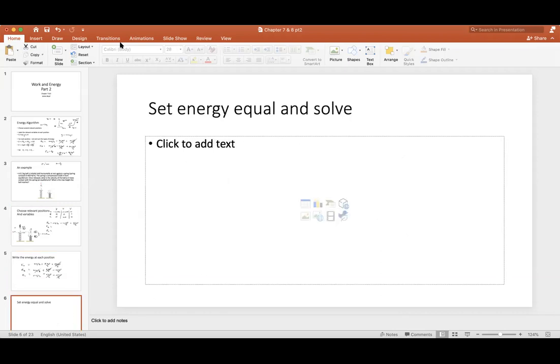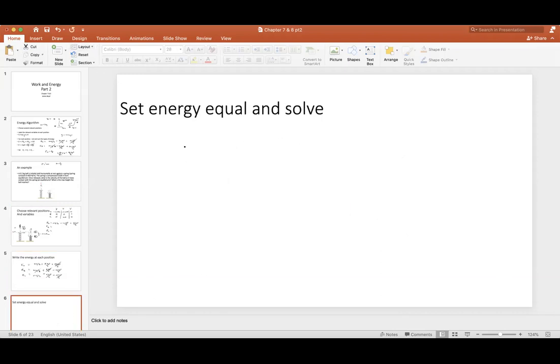So the next part of our algorithm is that we set EA equal to EB equal to EC. That's conservation of energy. There's no external non-conservative forces happening here. The only forces are gravity and springs, or restorative forces. Therefore, the energy is always conserved. We assume so, no air resistance, no friction, no nothing.